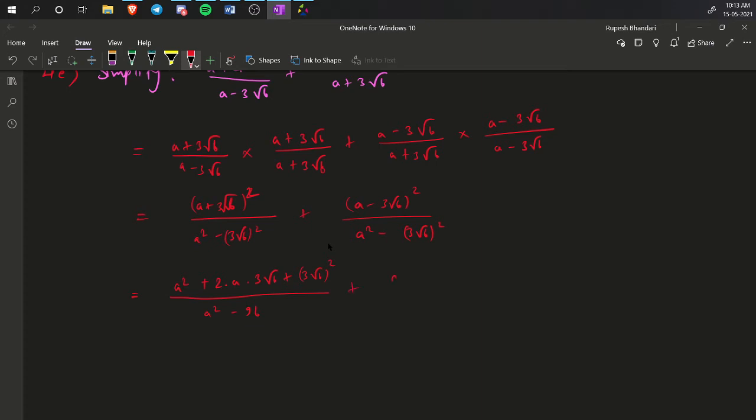So plus a square minus 2a dot 3b plus 9b, yeah? A square minus 9b. I just did it quickly, yeah?